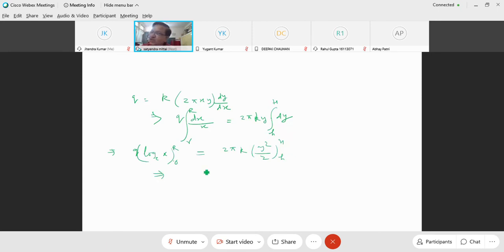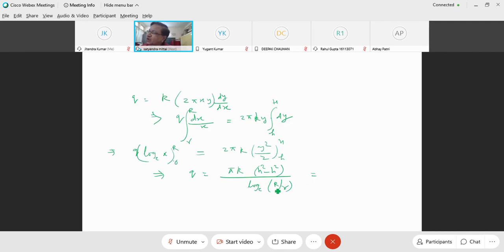On simplification, you will get Q is equal to pi k, H square minus small h square, upon log to the base e, R upon small r.